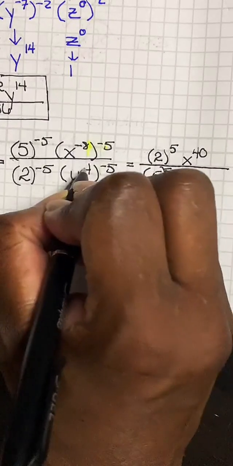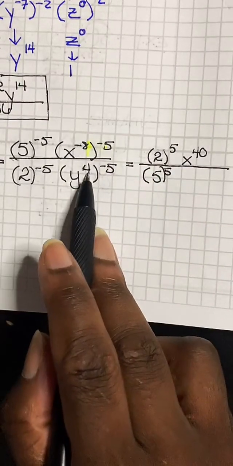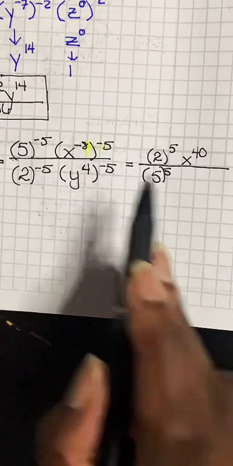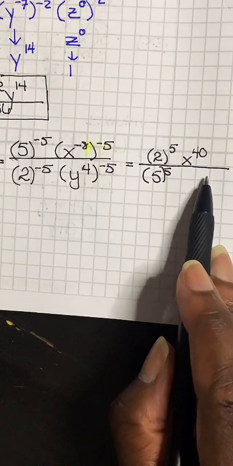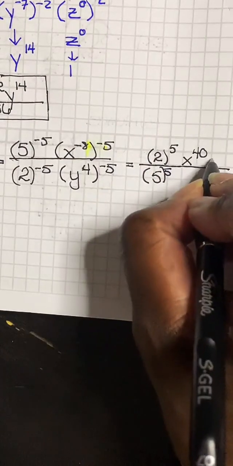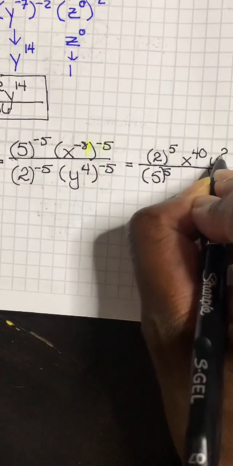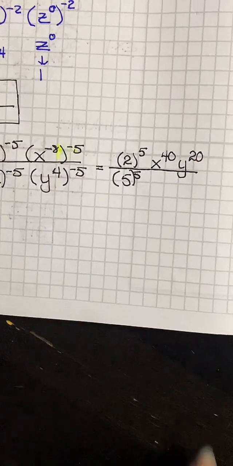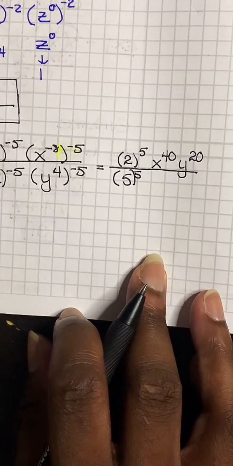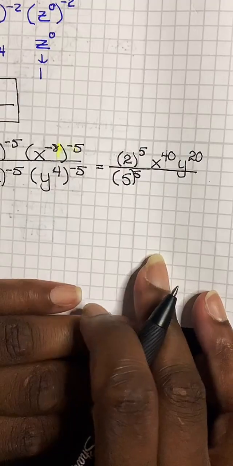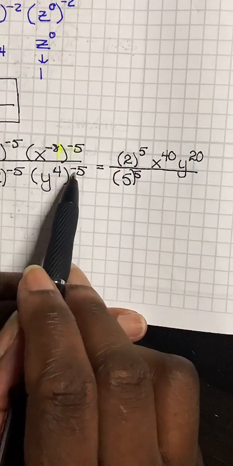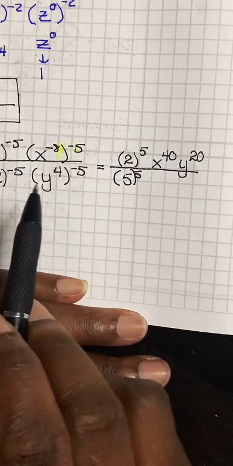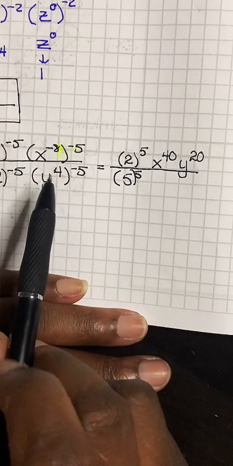And then down here, we have 4 times -5, so that will give me a -20. So it's not going to be down here in the denominator, it's going to be up here, and instead of a -20, it's a positive 20. Every time you have a negative exponent, you need to flip it to make it into a positive exponent.